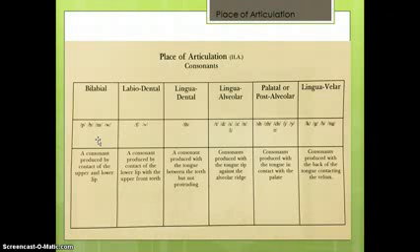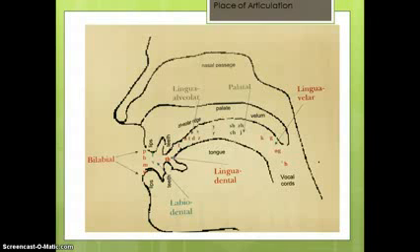Now, one of the things I want to mention to you right now is that when you see these titles, bilabial, labiodental, linguodental, and so on, remember that you're going to need to attach this list to this concept, place of articulation. If it helps you to remember this, think face, place, and then that can get you on the right road to what you need to be talking about.